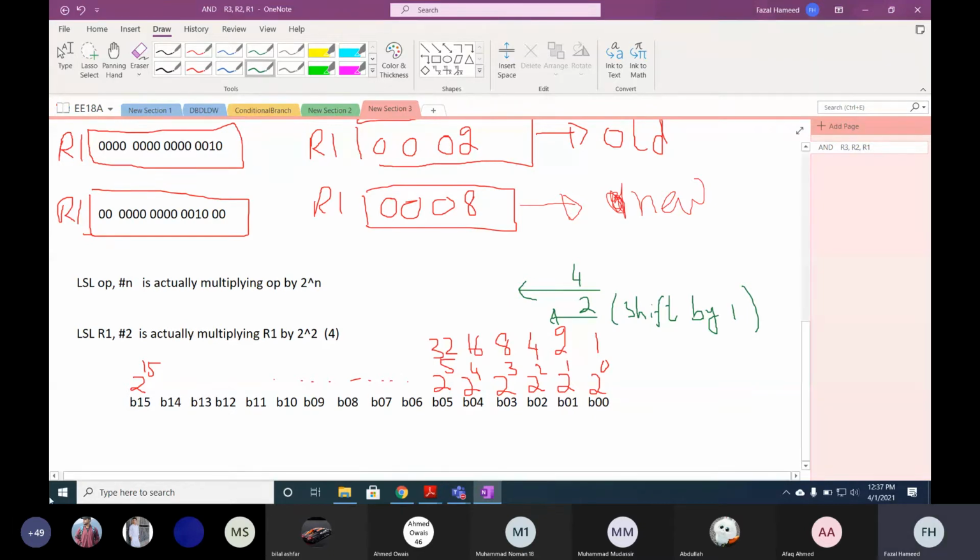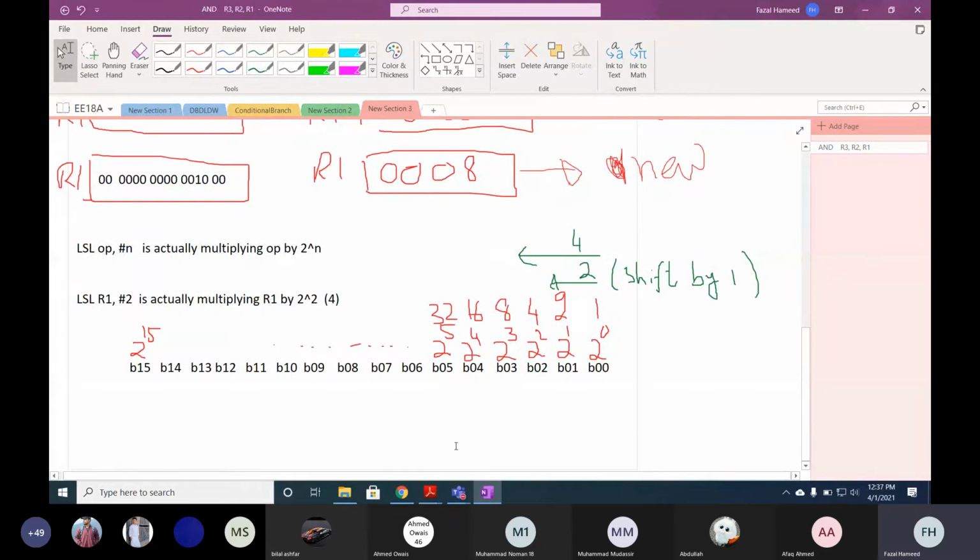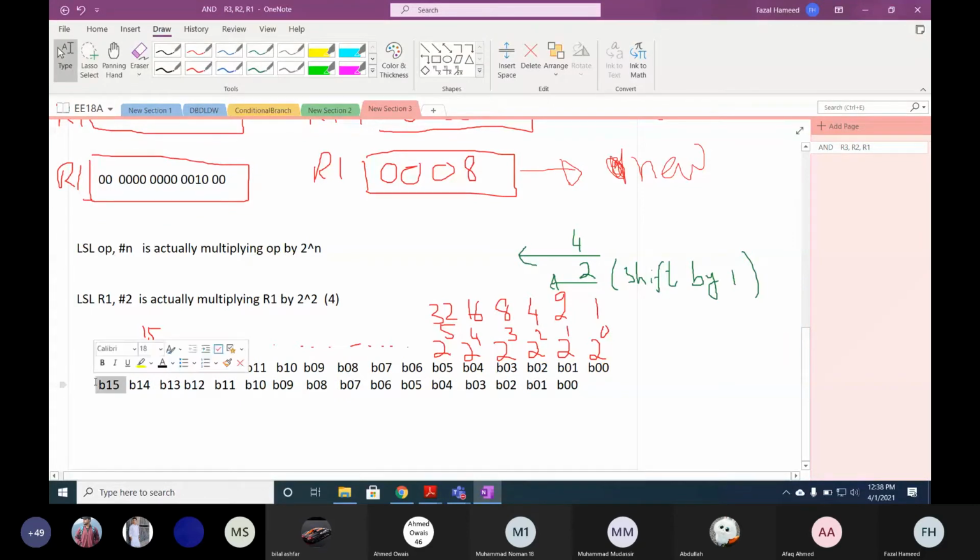Let's assume you shift by 1. What will be the value if you shift by 1? What will be the last value? 0. Am I right or not?